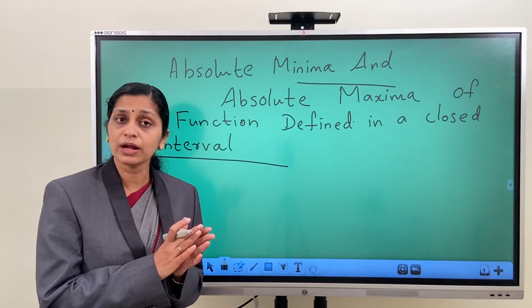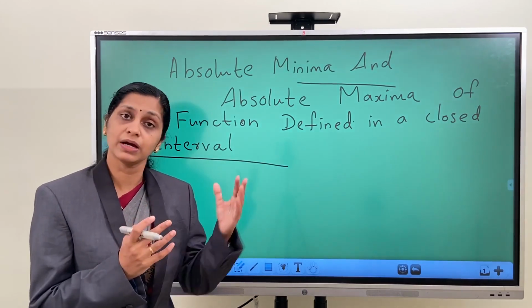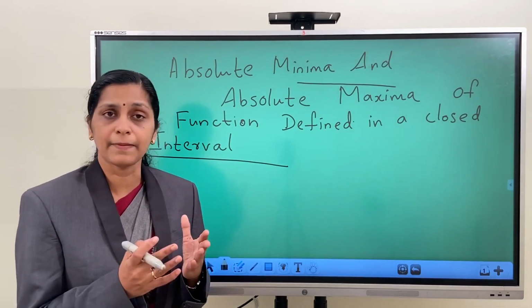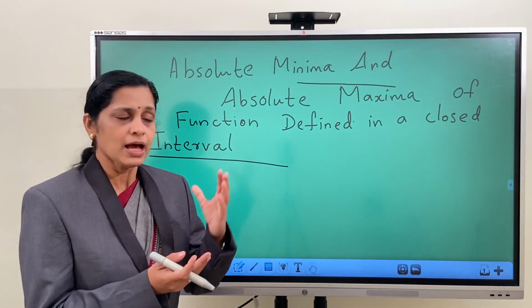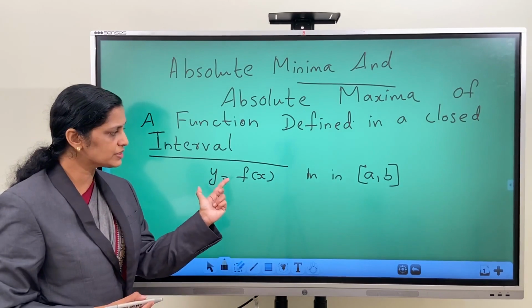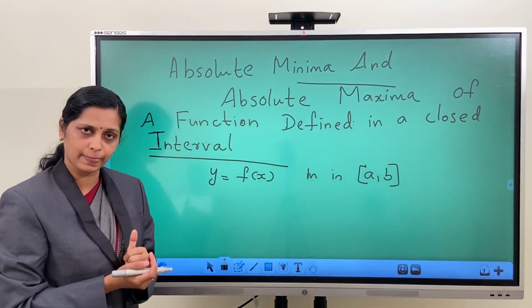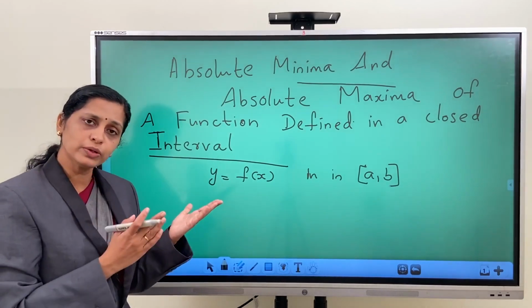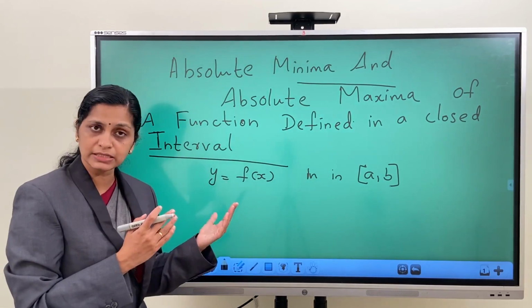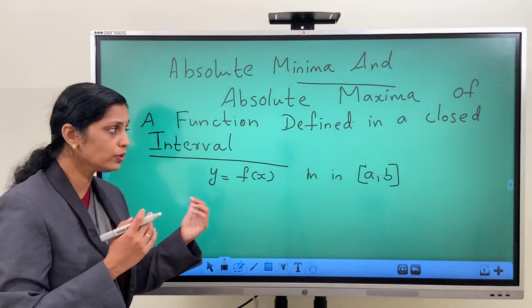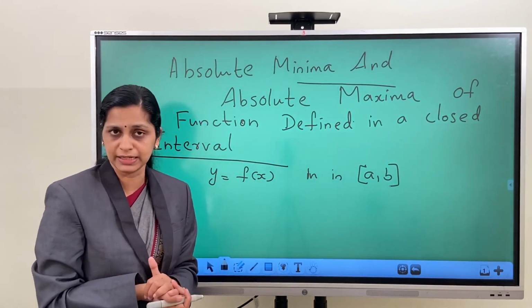We know that local maxima or local minima can be absolute maxima or absolute minimum, and that happens at the critical point. And here we have a function y is equal to f of x, which is defined in a closed interval. Then you can find its absolute maxima or absolute minima at the critical points or at the end points of the interval.